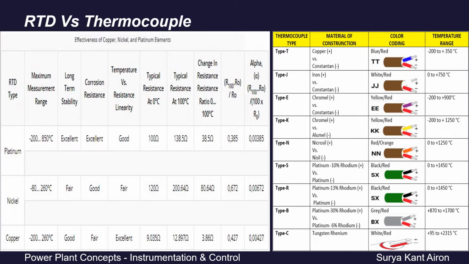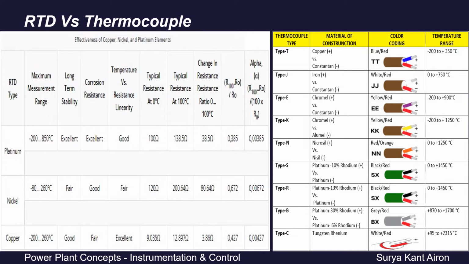So, measurement range wise, thermocouples have a wider measurement range from minus 200 degrees centigrade to plus 2315 degrees centigrade, while RTDs have a measurement range of minus 200 degrees centigrade to plus 850 degrees centigrade.